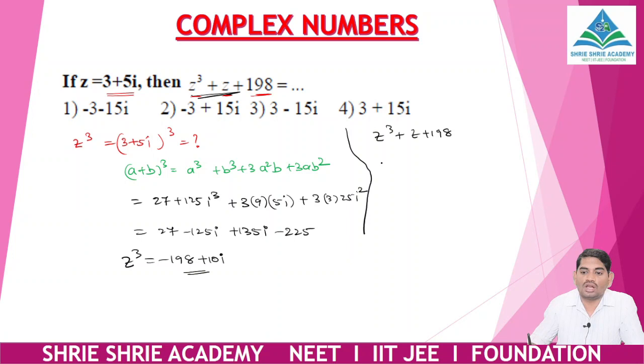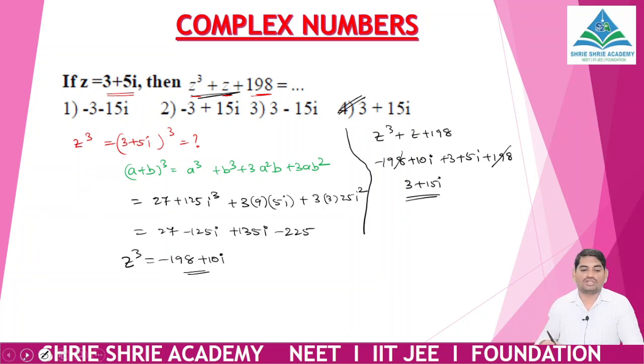The z value we already found, minus 198 plus 10i, and z value is 3 plus 5i, plus 198. So 198 got cancelled. We got finally 3 plus 15i. So the fourth option is the correct answer.